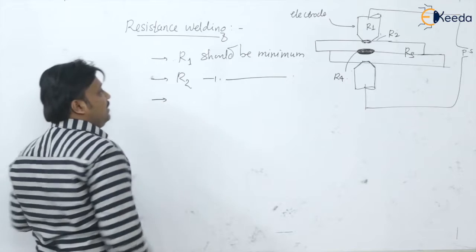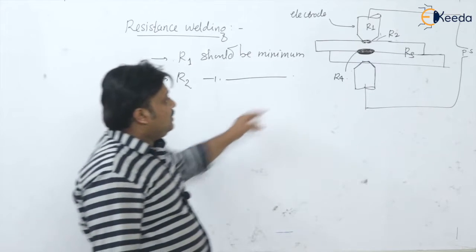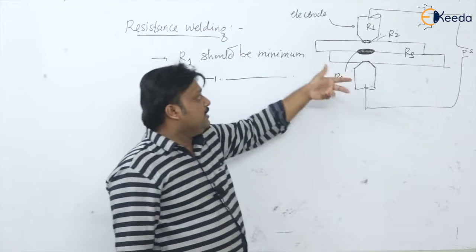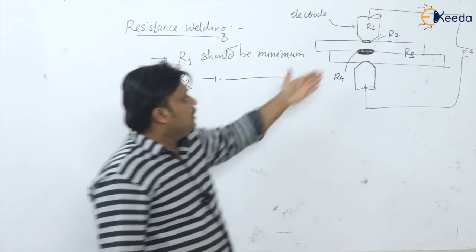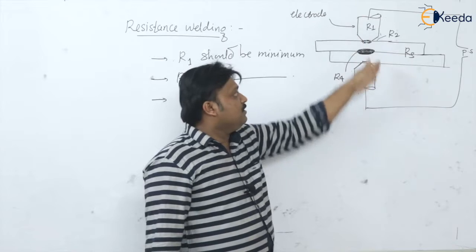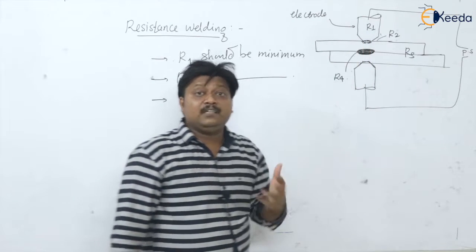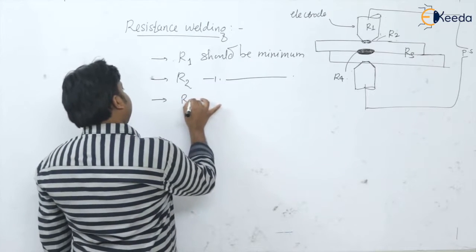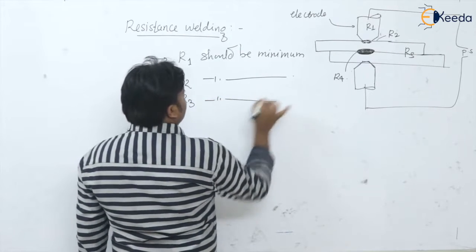If you talk about R3, what is R3? This is the resistance of the plates. If the resistance of the plate is maximum, what will happen? You will not get the spot, but you will get a throughout weld, or the plate gets melted because of the higher resistance, isn't it? So R3 again should be minimum.